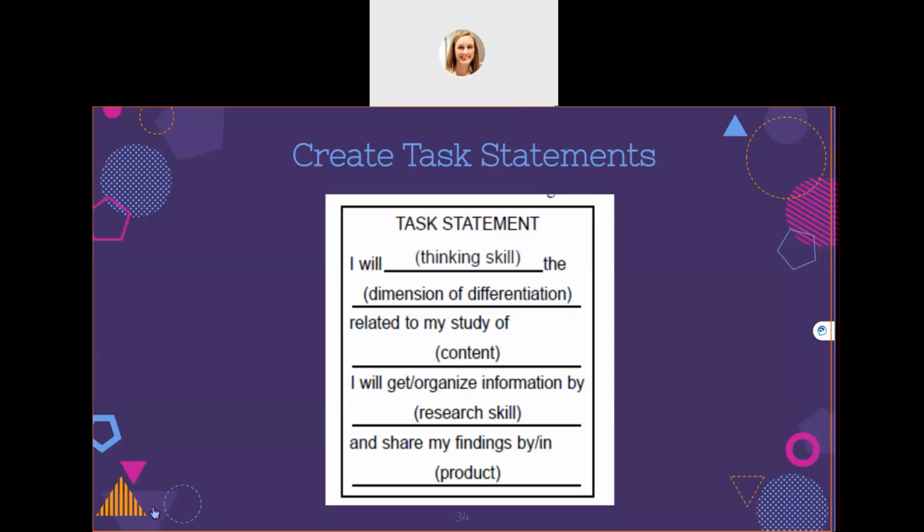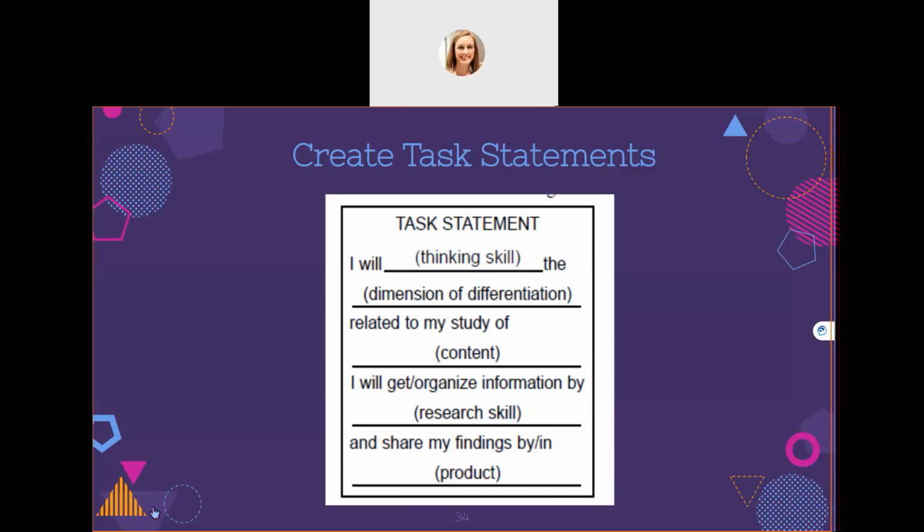You'll create a task statement that says, I will blank the dimension of differentiation related to my study of blank. I will organize information by, and you'll fill in a research skill, and share my findings by or in or through a specific product.